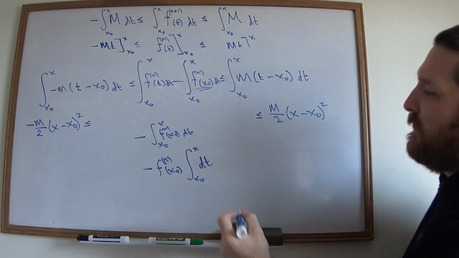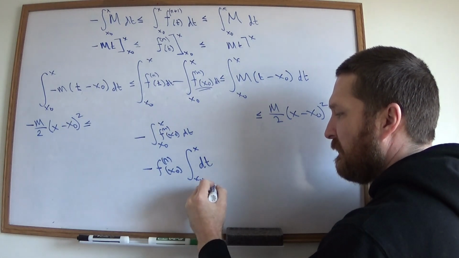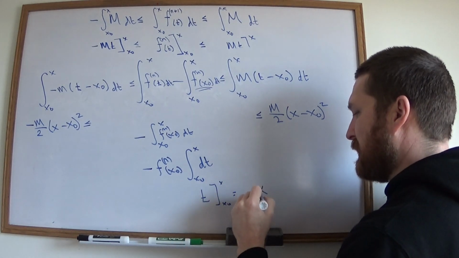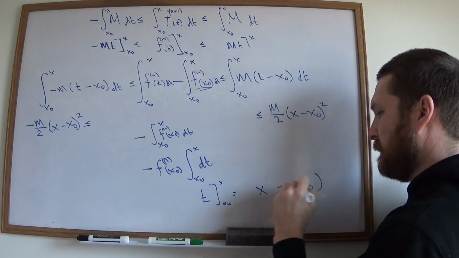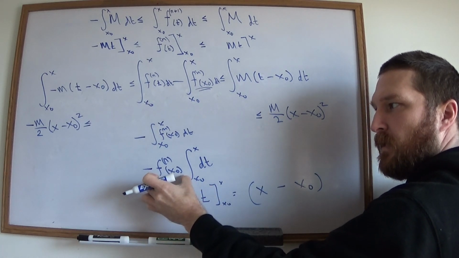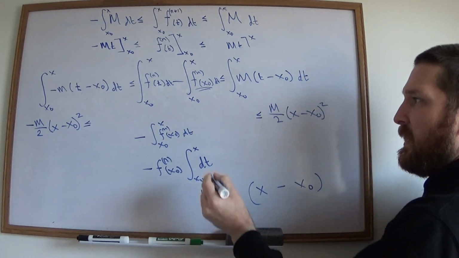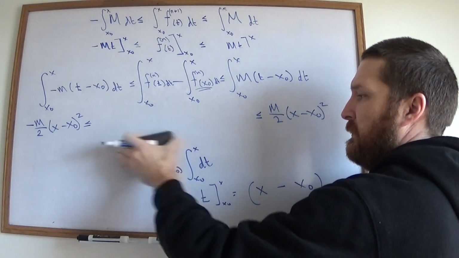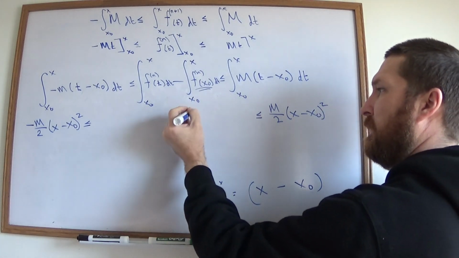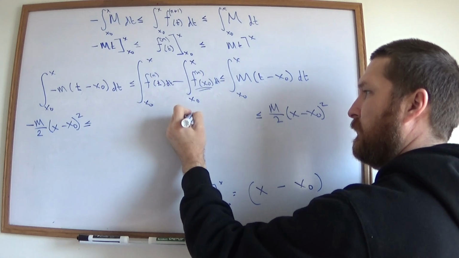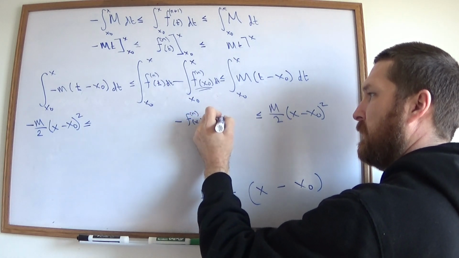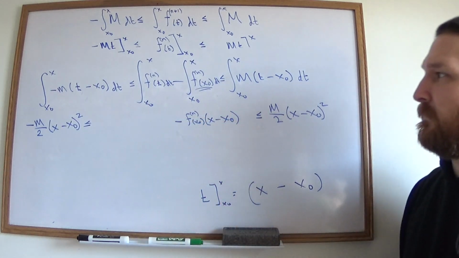Well, the antiderivative of that would just be t, evaluated up at x and down at x0. So that would be x minus x0. And then it's just multiplied by this right here. So this is the same thing as negative the nth derivative at x0 times x minus x0, just like that.